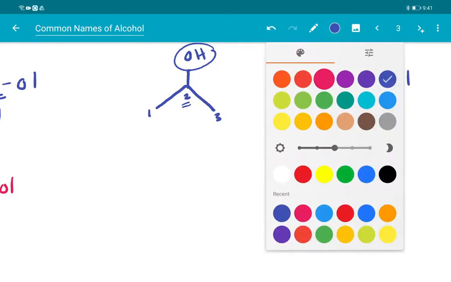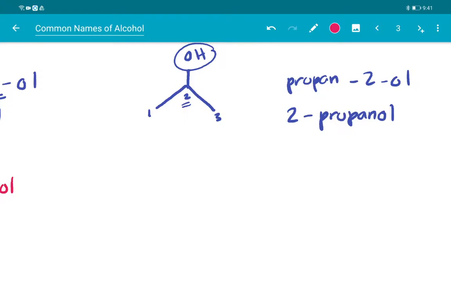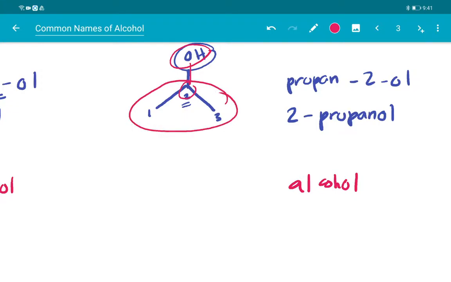For the common name, what's going to happen is the same, which is the OH is attached to the second carbon. Since it is also carbon, we know that this is from alcohol group. Okay, so how do we name this? It still have 3 carbon.